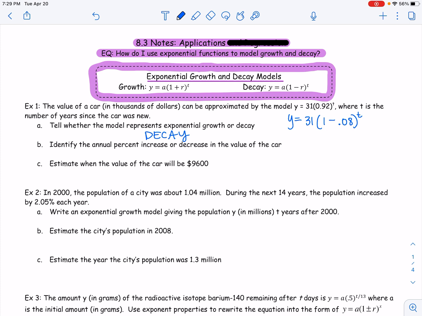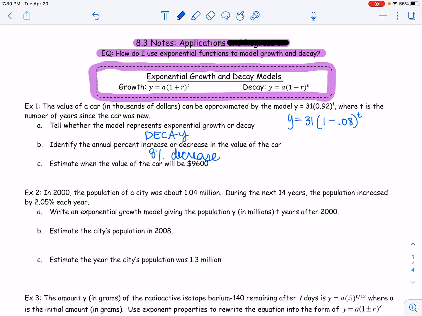Now that it's in this model, we know exactly how much it's decreasing by, because we already know it's decay, and it's decreasing by 8%.